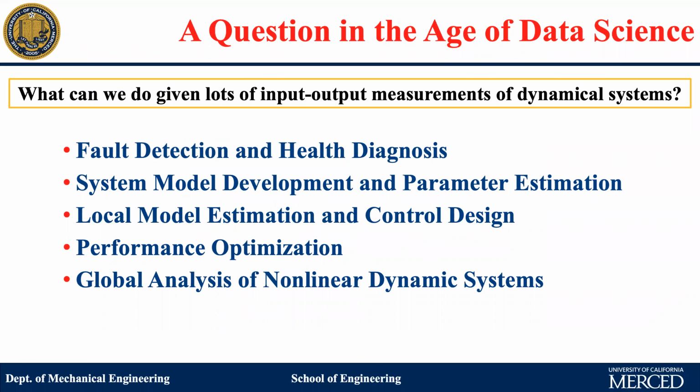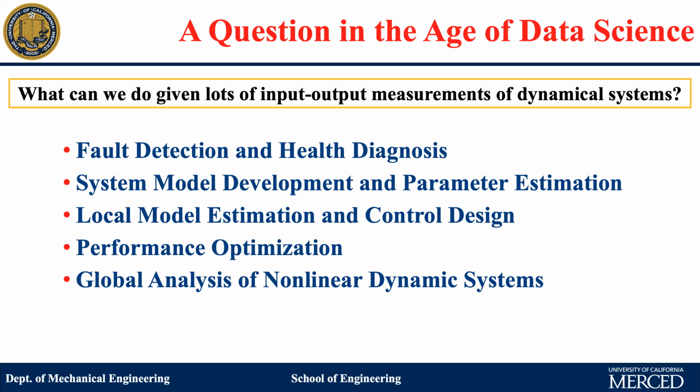Now, we are in the age of data science. There's a lot of studies and interest in big data, deep learning, and artificial intelligence. As mechanical engineers, we ask this question: what can we do given lots of input-output measurements of dynamic systems? Well, there have been many activities in engineering.